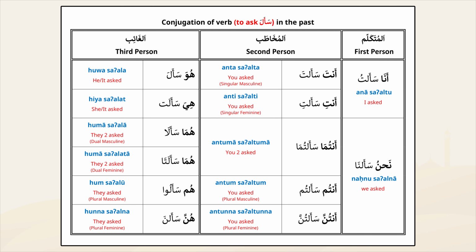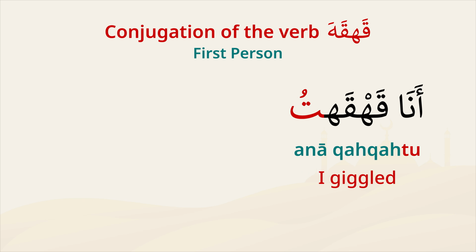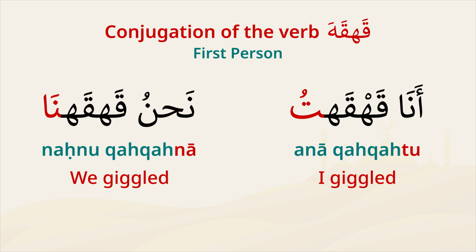The third one we have is quadrilateral, قهقه. It also follows this direct suffixation. For first person, أنا قهقهت and نحن قهقهنا.